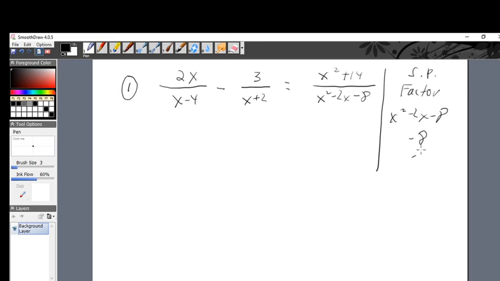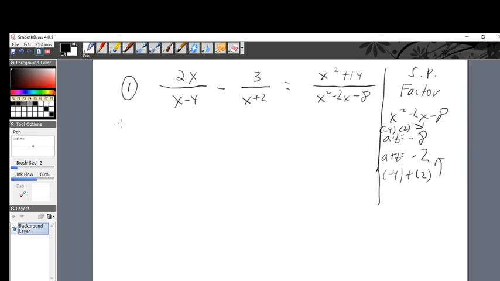It'll solve it real quick. A times b is equal to negative 8. A plus b is equal to negative 2. What are the two numbers? The two numbers are negative 4 and positive 2. Negative 4 times positive 2 gets me to negative 8. Negative 4 plus positive 2 gets me to negative 2. Those are my magic numbers.